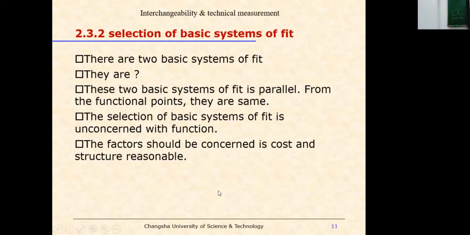The factors to be concerned are cost and reasonable structure, right? Like the IT grade, we do consider the cost. If the grade is low, the cost is very high, and if the grade is higher, the cost is low, right? Because the precision is low.